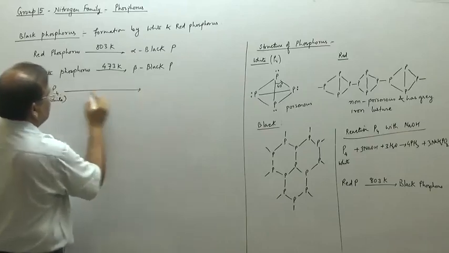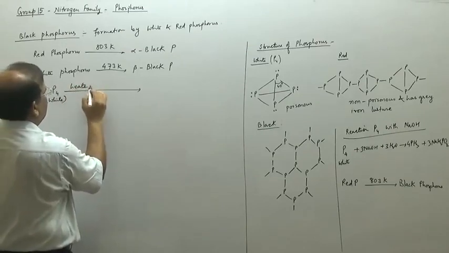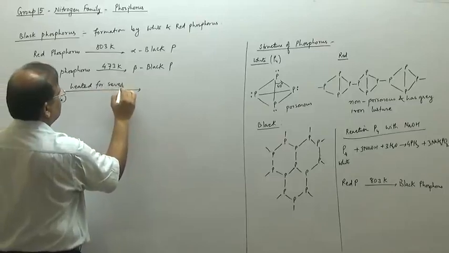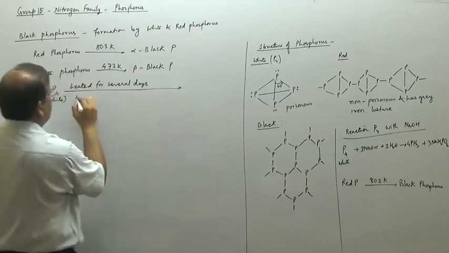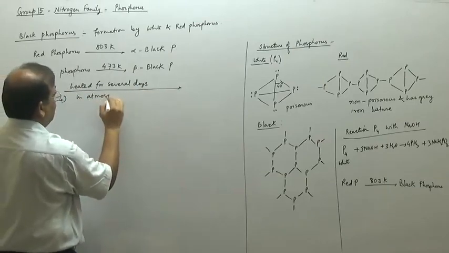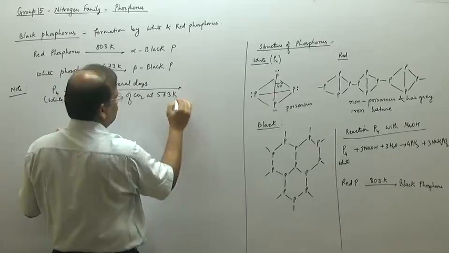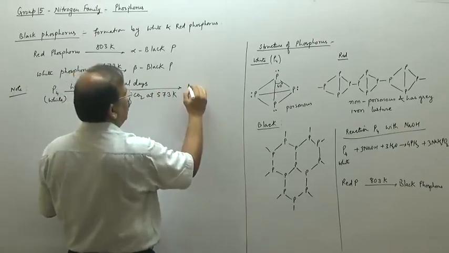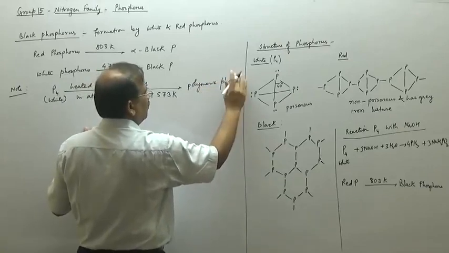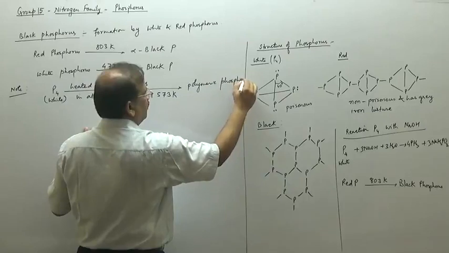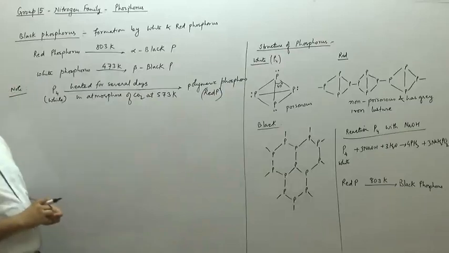When white phosphorus is heated for several days in the atmosphere of CO2 at 573 Kelvin, we get a polymeric phosphorus, that is red phosphorus. That is what we get after heating for several days.